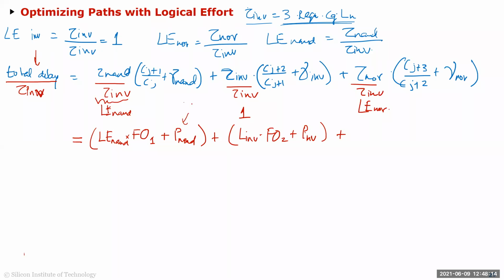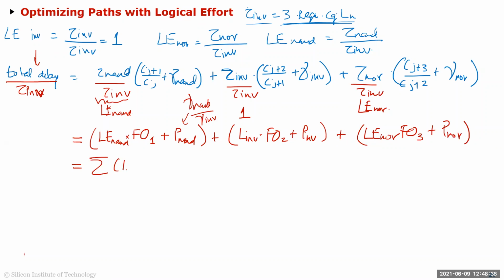So this is gamma NAND divided by gamma inverter. And then the last one is the logical effort of NOR times the fan out of the last stage plus P NOR, right? So it basically wrote the exact same equation in terms of the logical effort.